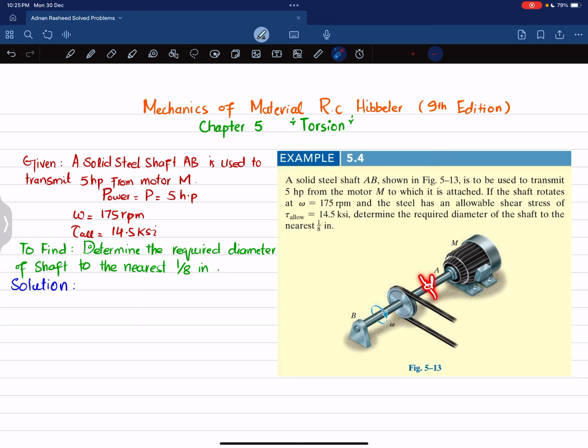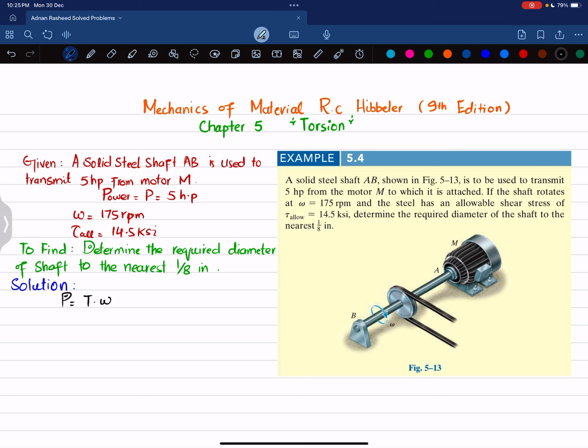So let's start with the solution. As we know, the power of this motor will be equal to torque multiplied by its angular velocity. So we will find this power first, in foot-pounds per second.